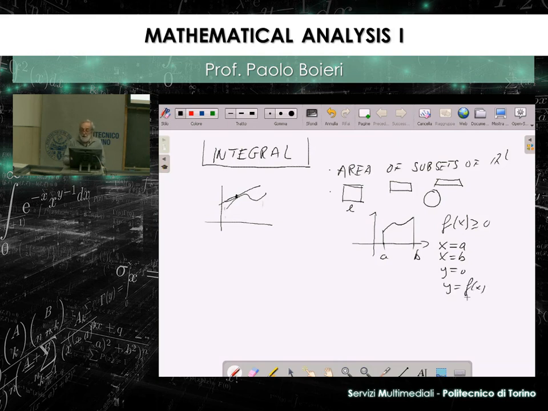This region of the plane is called, in general, the trapezoidal region, and we write T(f, A, B): function f in the interval AB.